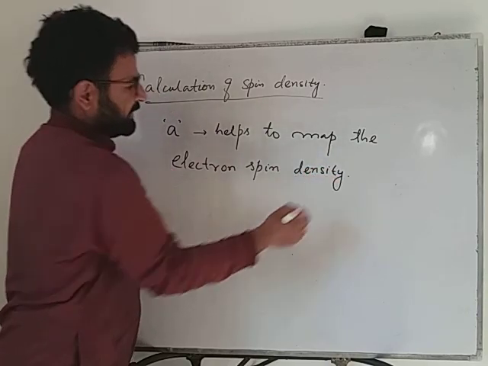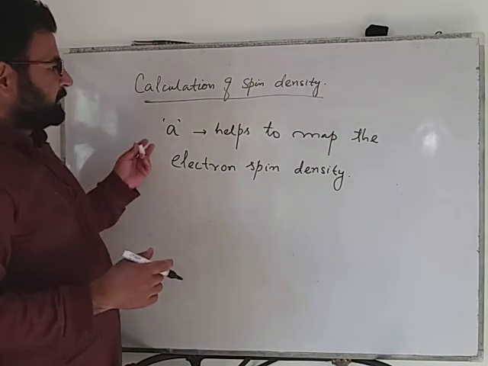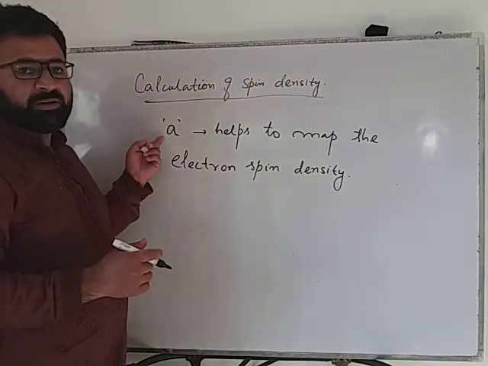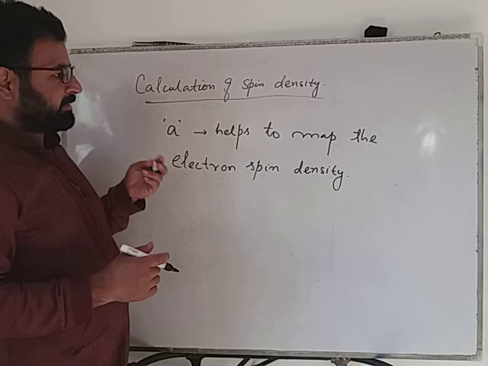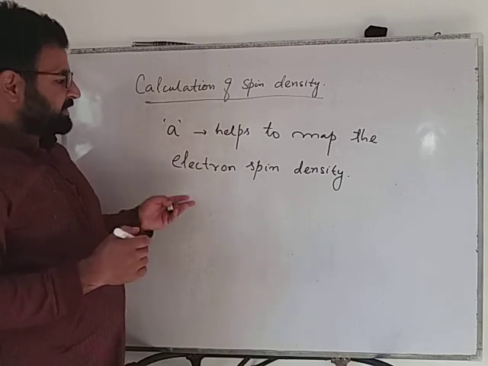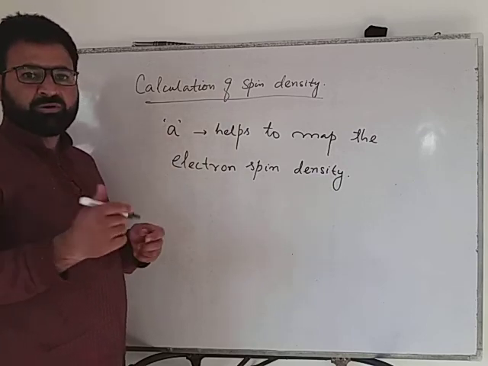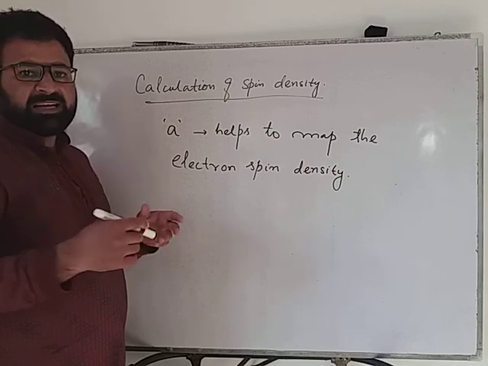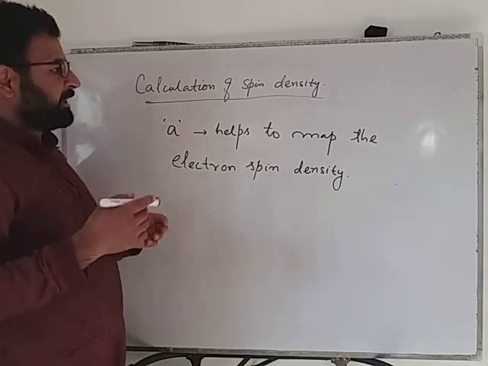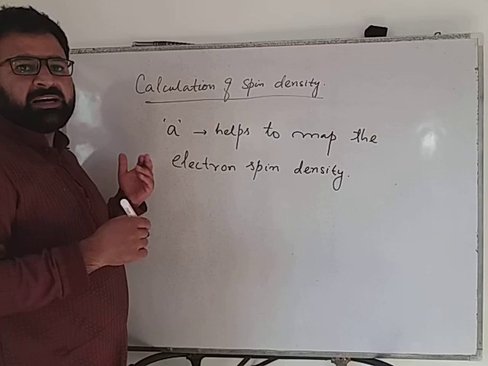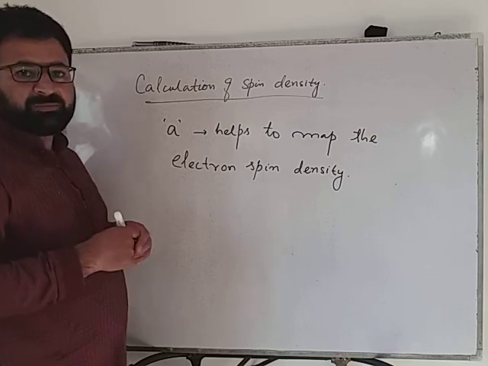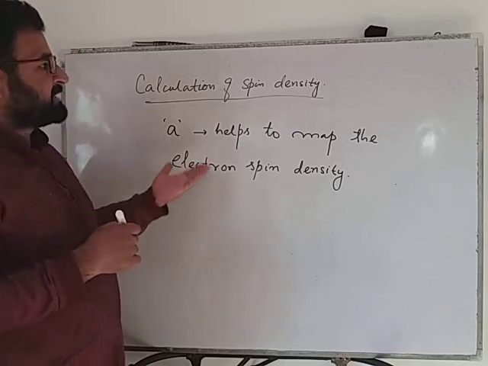Okay, it means that this hyperfine coupling constant actually helps us to measure the electron spin density in a molecule which has an unpaired electron or an odd electron, and it is an application of EPR spectroscopy to map the spin density.